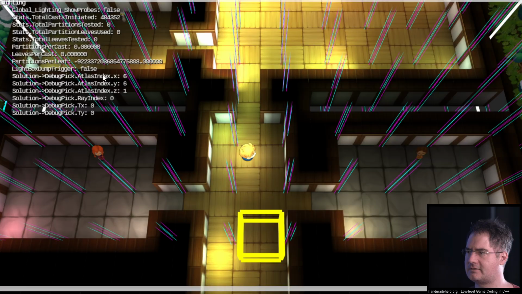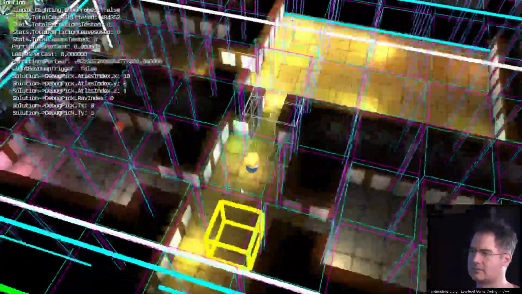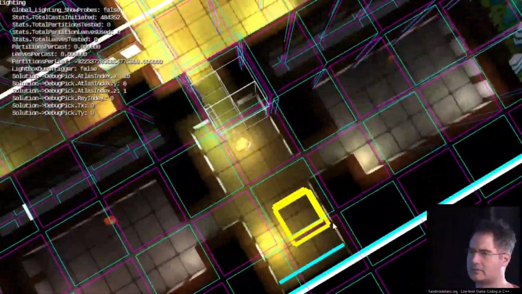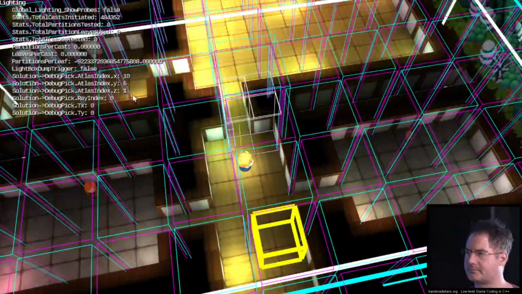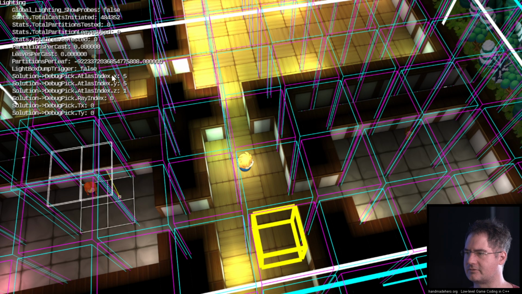Doesn't that seem bad? What's up with that? So you see how Y seems like it mostly correctly works, although it doesn't work right there. Oh, that's just because it's inside something. That's why. Never mind.